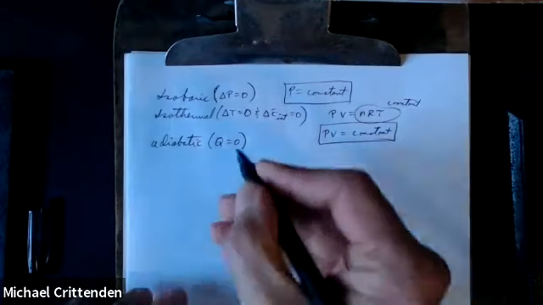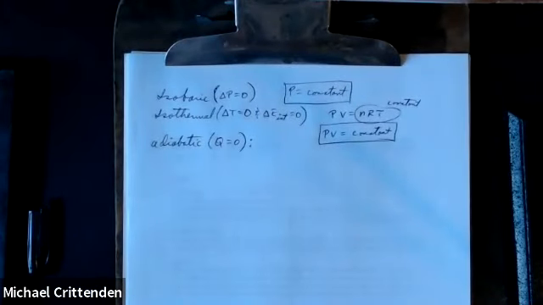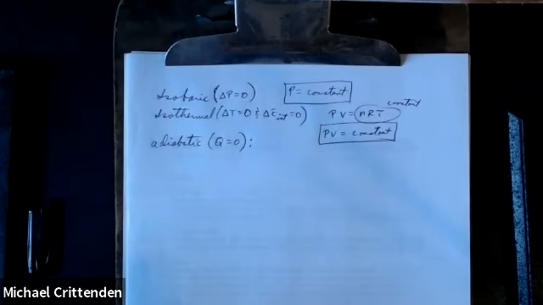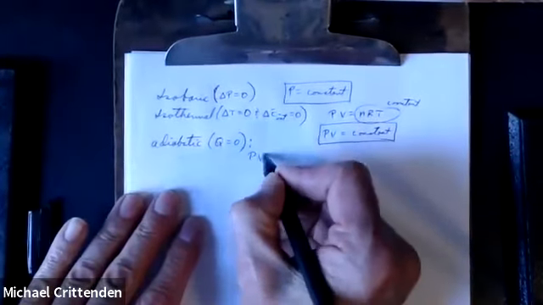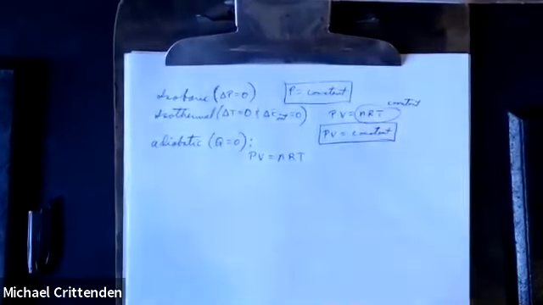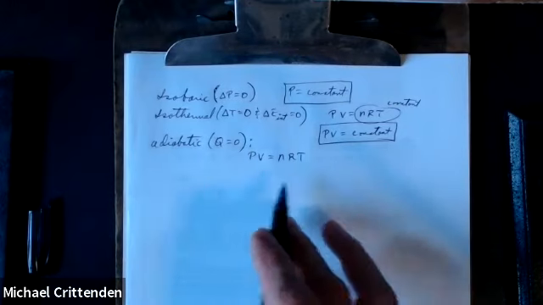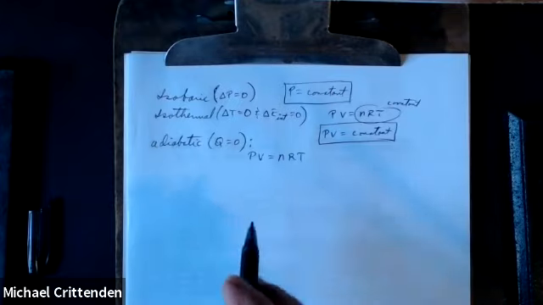So once again, as with several other things I've shown you, this is going to come from combining PV equals nRT with the first law of thermodynamics. Let's start out with P times V equals nRT. And since we want to consider changes in the state variables here, the pressure and volume and so on, we'll take the differential.